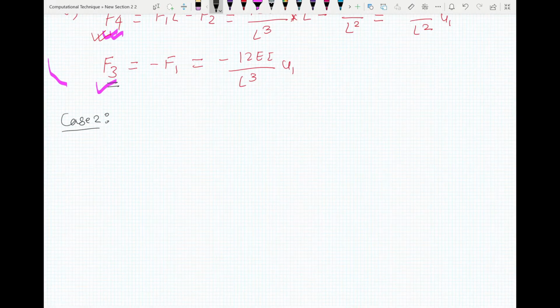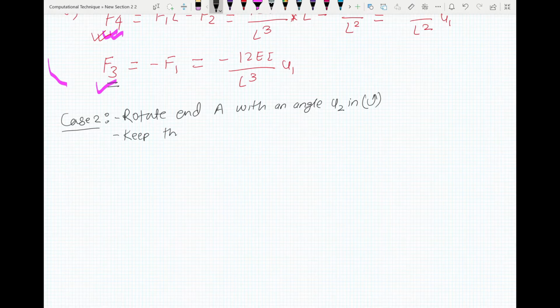In case 2, what we're going to do is rotate end A with an angle of U2 in the positive direction, which is this direction, and we're going to keep the other degrees of freedom fixed so we can obtain the reaction forces.